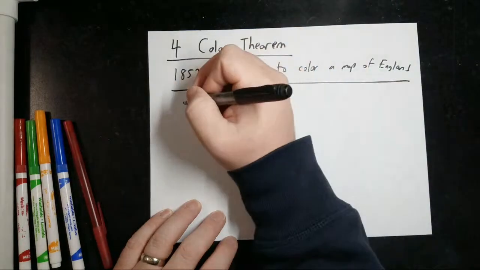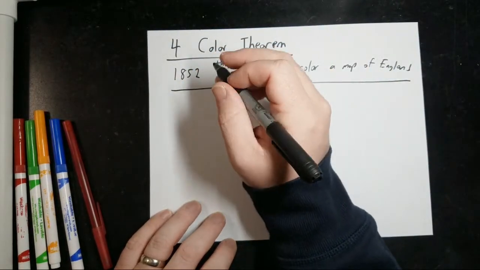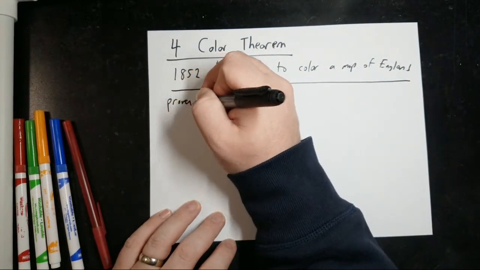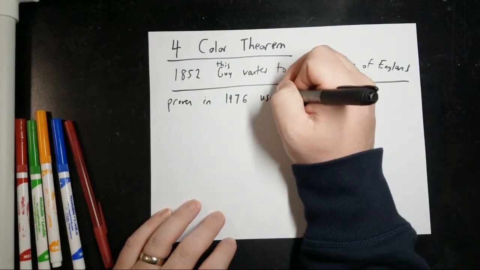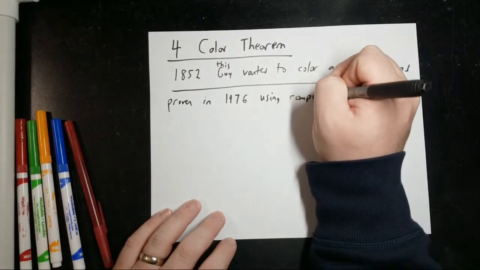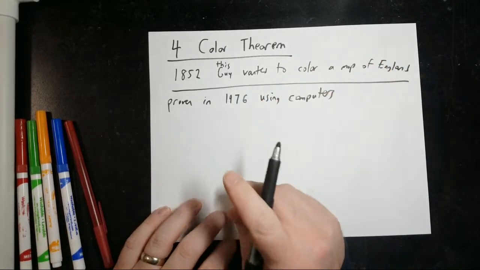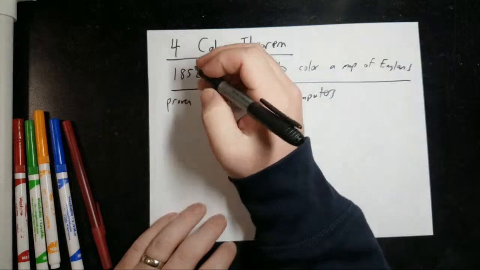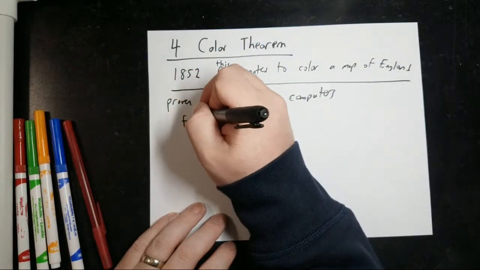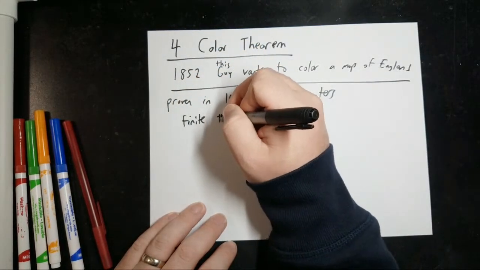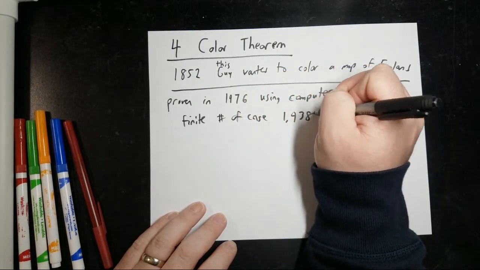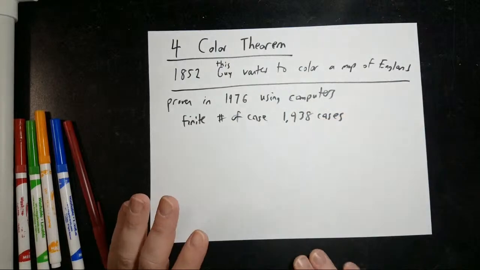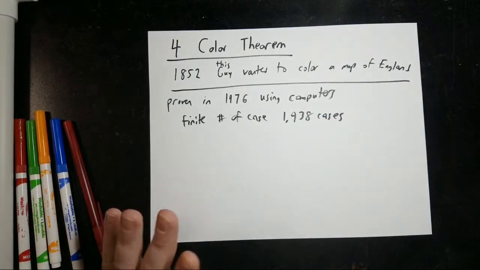Ultimately, this four-color theorem was proven in 1976 using computers. These guys basically figured out a finite number of cases, which actually was 1,938 cases of maps. It was really ingenious.